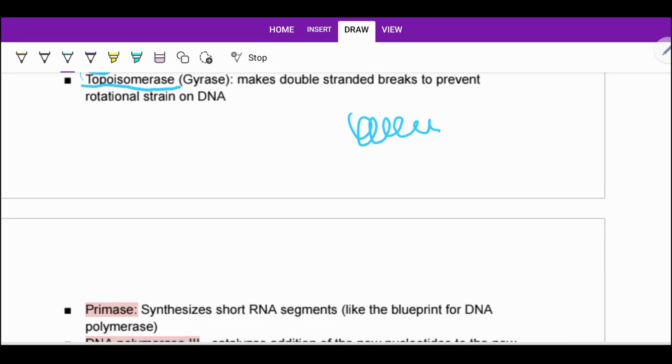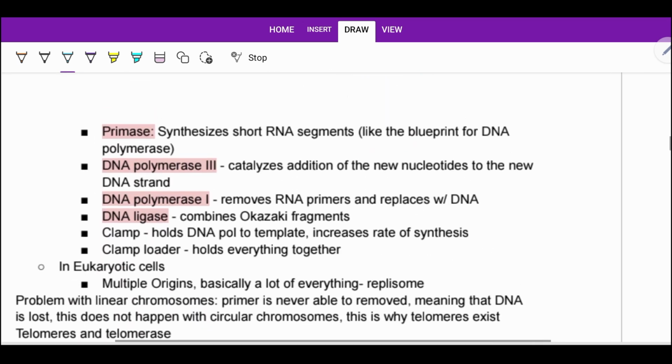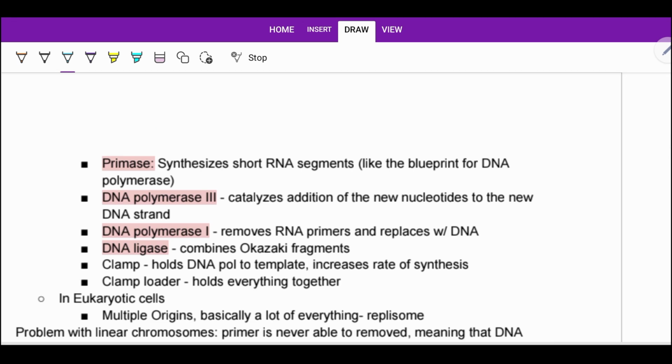So then we have primase. This is highlighted. You should know it. Basically, DNA polymerase is a little bit dumb, and it cannot synthesize. It doesn't know what's next. It literally just says, "Hey, I don't know what that pairs with."